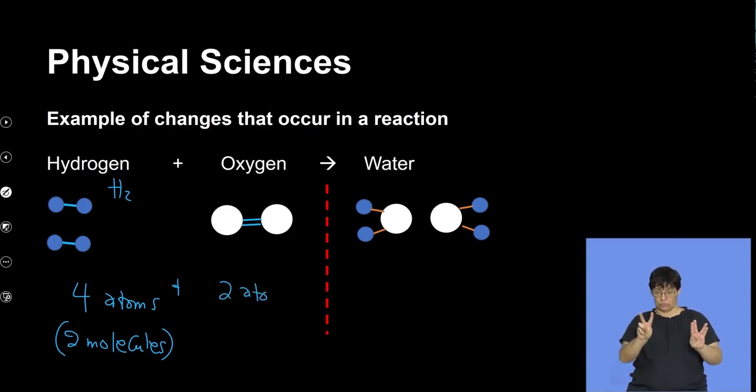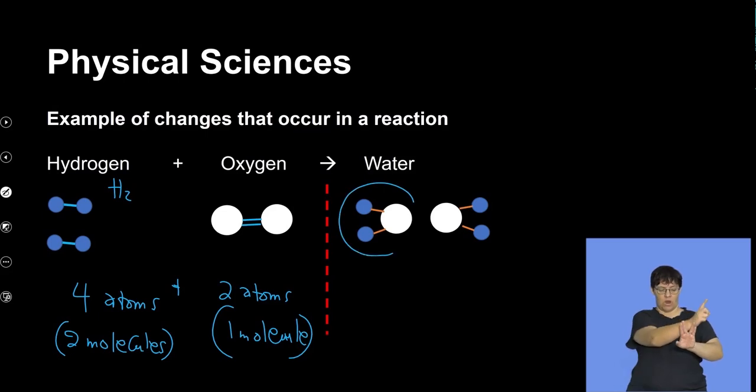But we know that oxygen actually exists as a diatomic molecule of an element. So there is actually 1 molecule here. But if you look at the product side, this is a molecule of water.